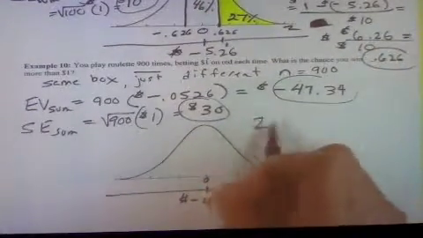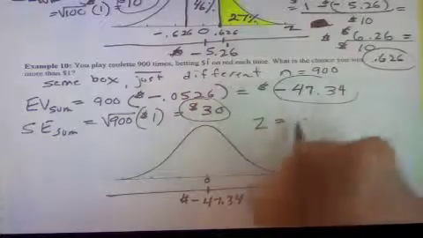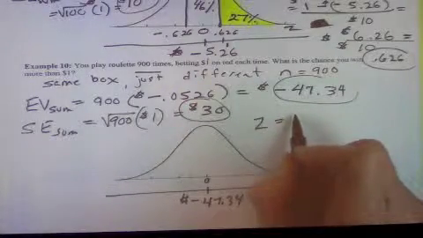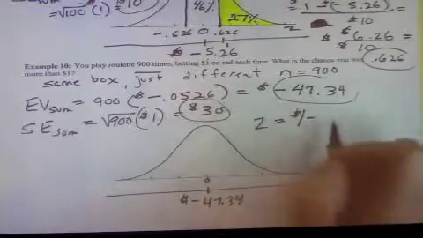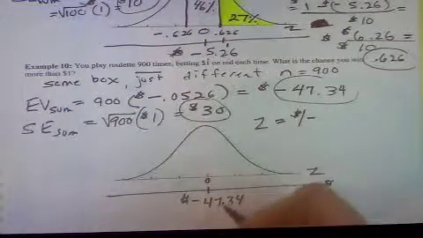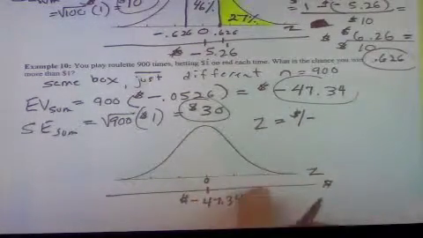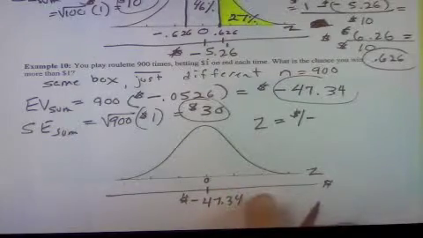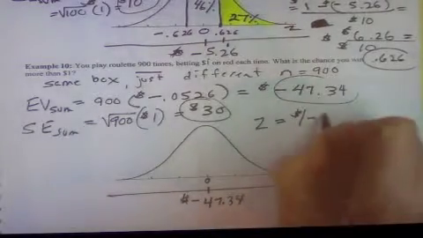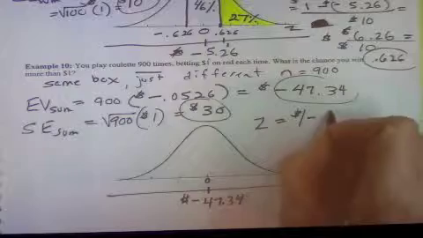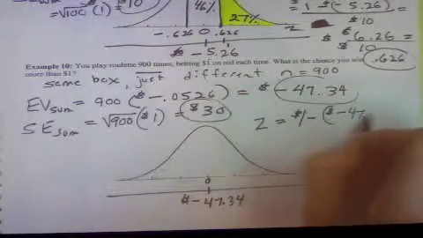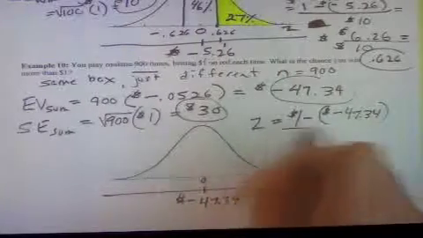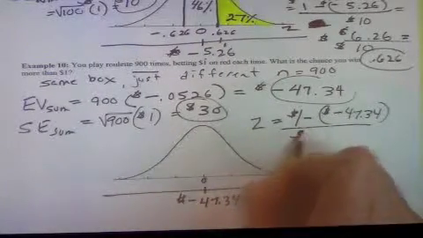So Z is going to be equal to what? Our value is still $1, minus the expected value, negative 47.34, so 48.34 on top, over what?